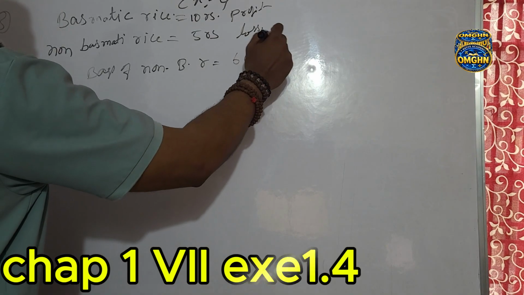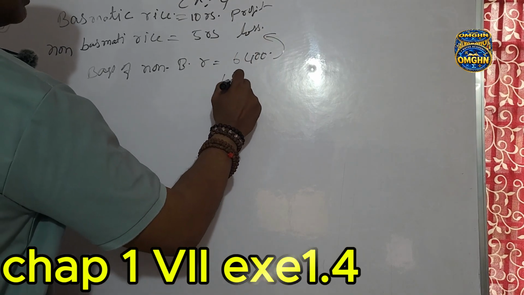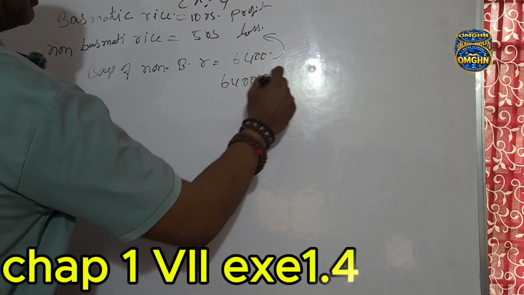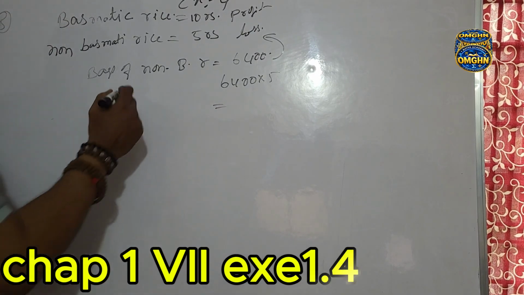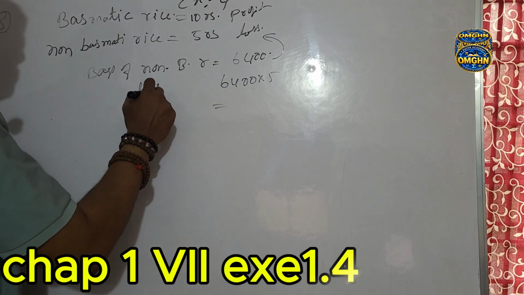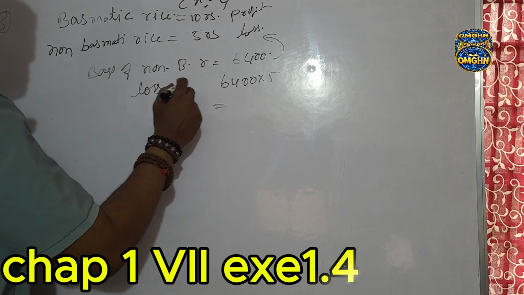So for non-basmati rice, we have to multiply 6,400 into 5. This is a loss according to the question.